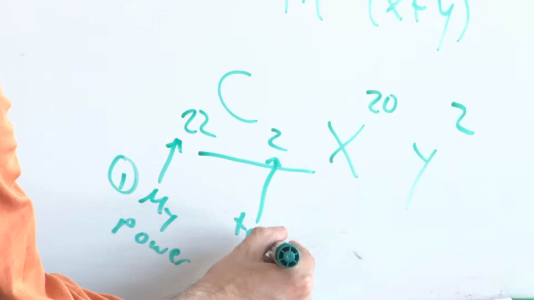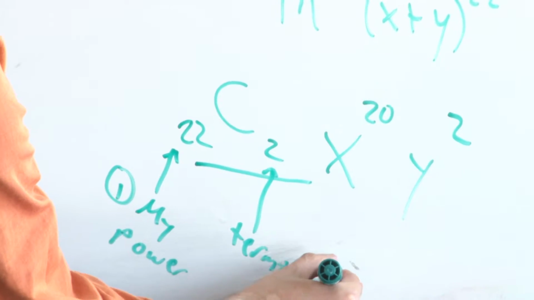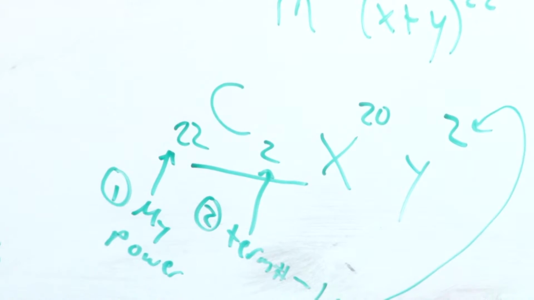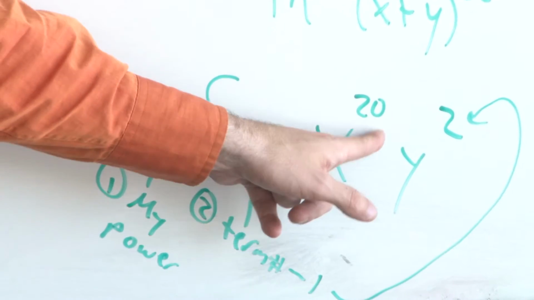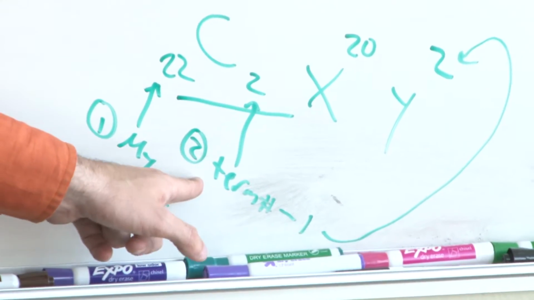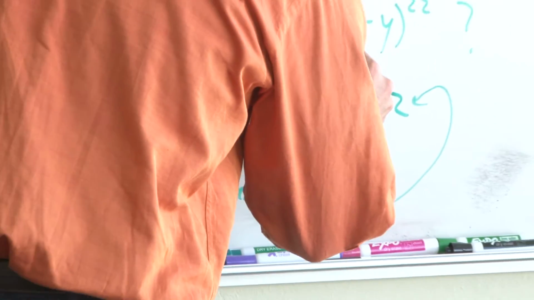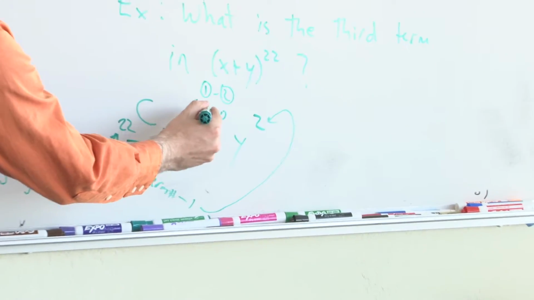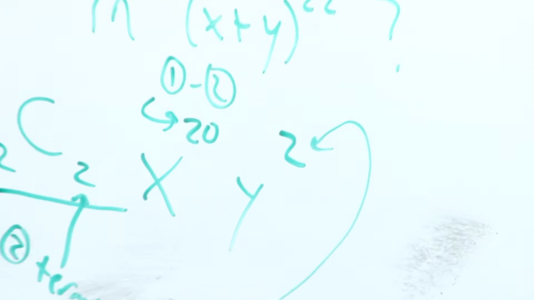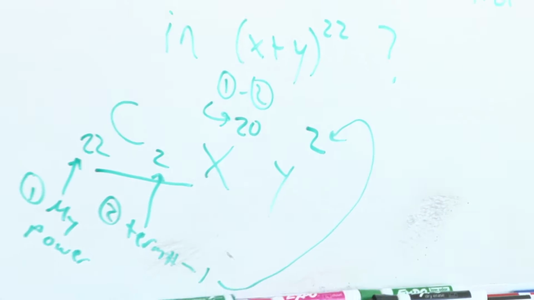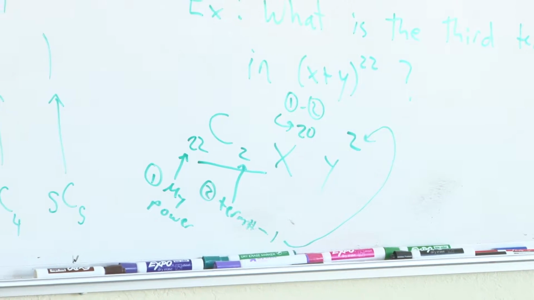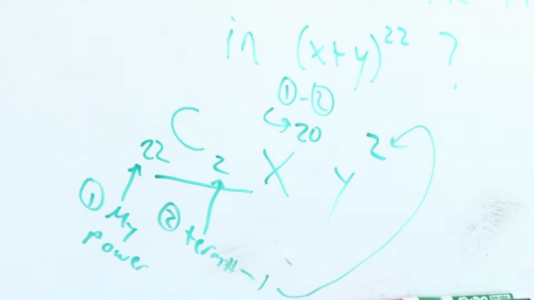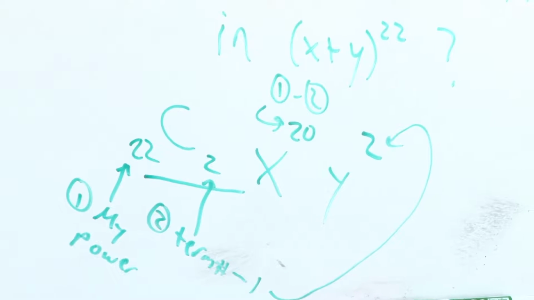This is my term number minus 1. And I'm also going to put that here. And then this is just 1 minus 2. So I can hop straight to the term that I want, which is rather nice, and which prevents me from having to expand Pascal's triangle out to 22 rows.